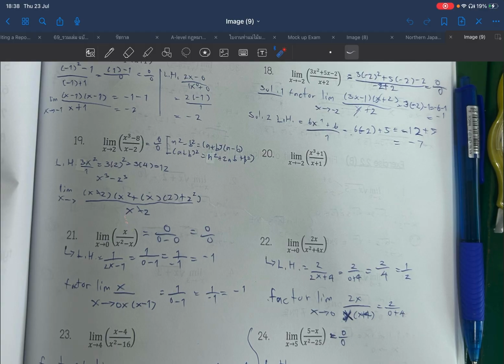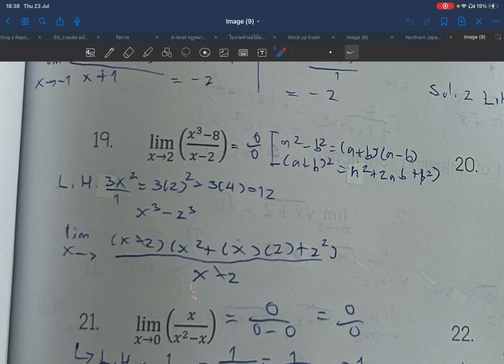So we should get (x - 2)(x² + 2x + 2²) over (x - 2). We should add all of this and the power of 2. We will get the same answer as on top, which is 12.